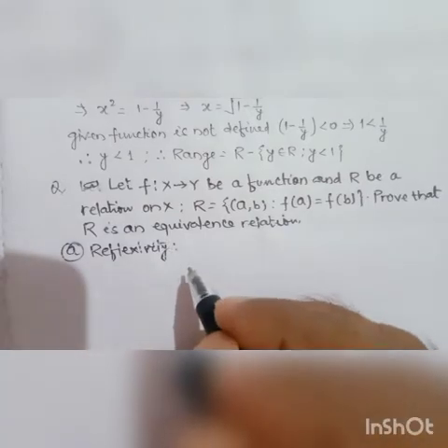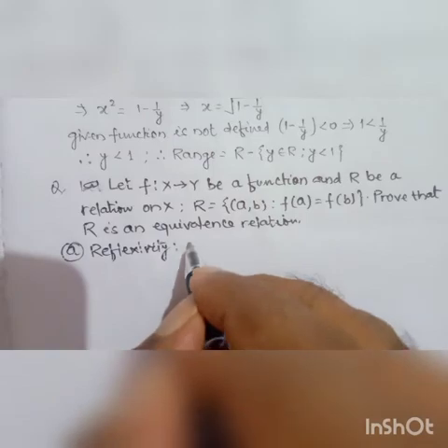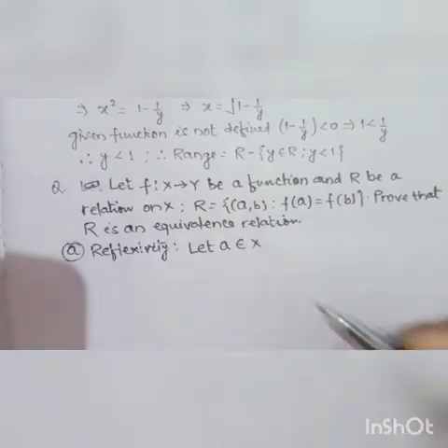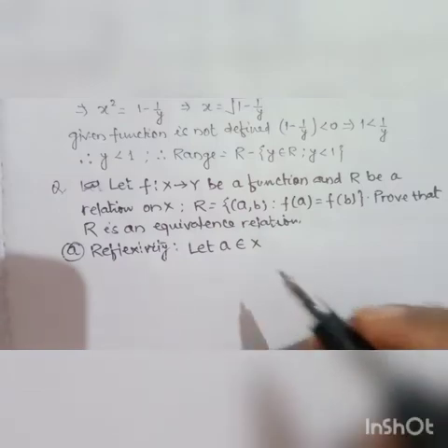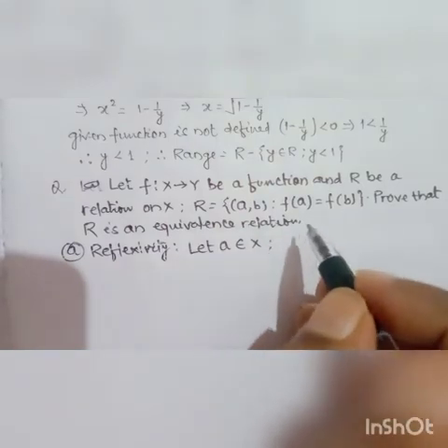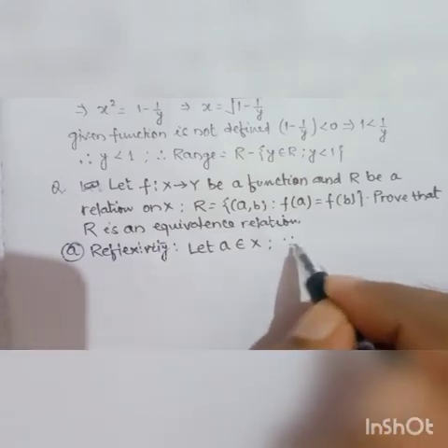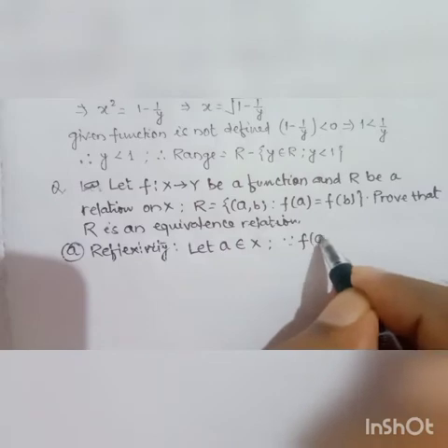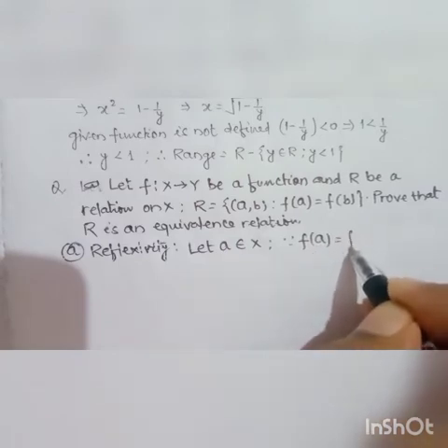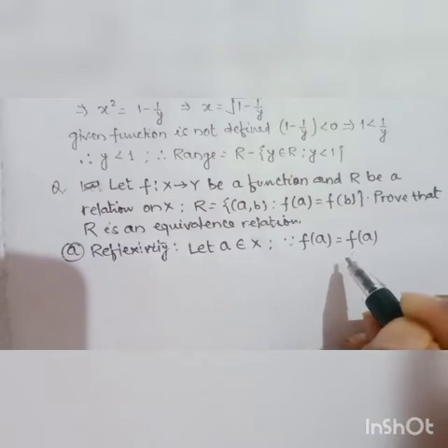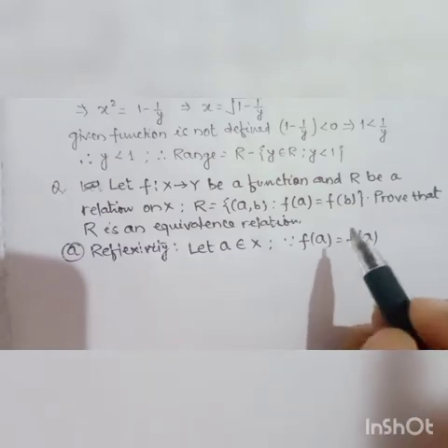Consider any element, let a belong to X. We already know f(a) is equal to f(a), that is, function of a is equal to function of a. And what is given?